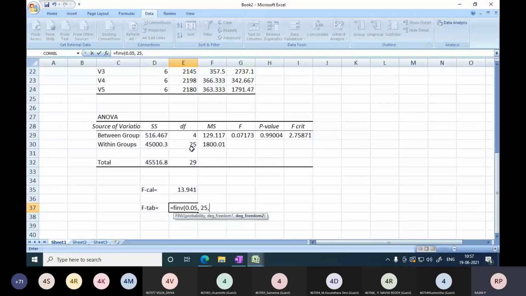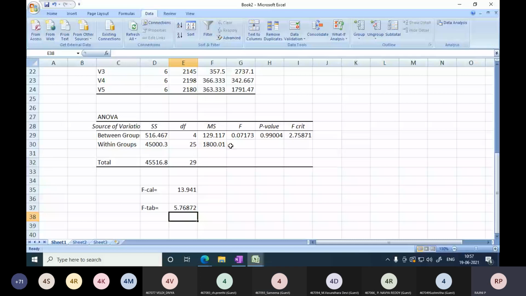And the second degrees of freedom, for the denominator, is 4. Close the bracket, enter. What is the table value? 5.768. Is it clear? Did you understand, everybody?